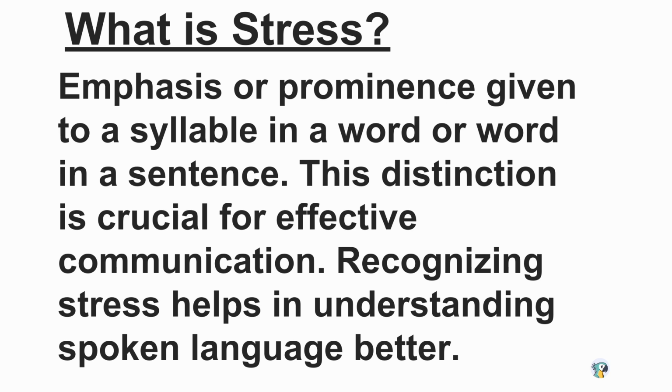So record is a noun, record is a verb. You see, where you place the stress changes the meaning of the word. So, stress is capable of changing the meaning of a word and making it convey a particular emotion and rhythm in spoken language.